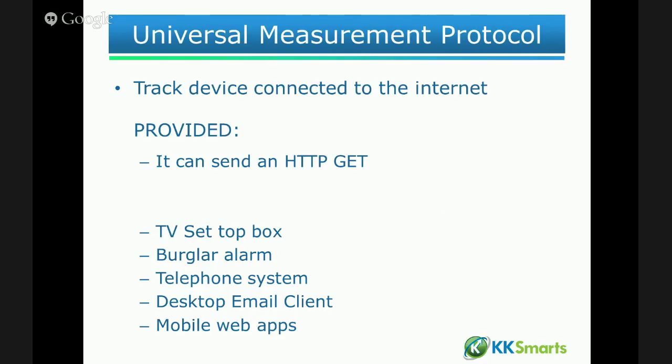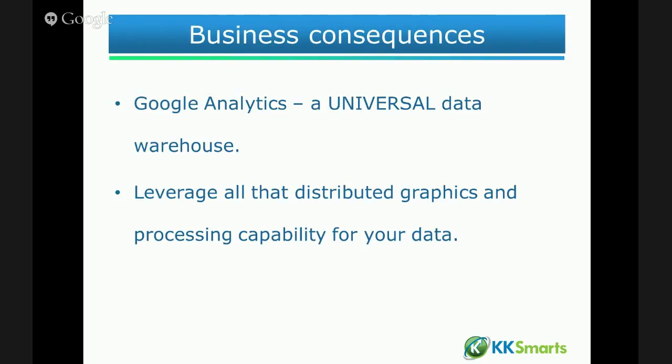Now, if we've broadened it to any device, relate that to what Google Analytics is. It's not a web stats package. It's a universal data warehouse, capable of storing enormous amounts of data, with a fairly sophisticated mechanism for presenting and processing it in a graphical form that is reasonably easy to understand.